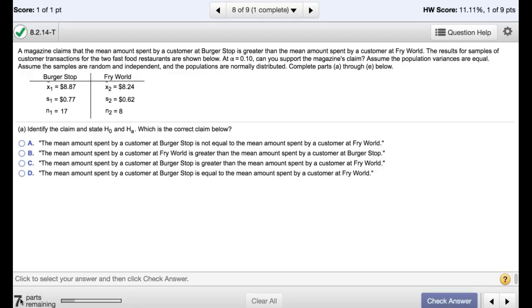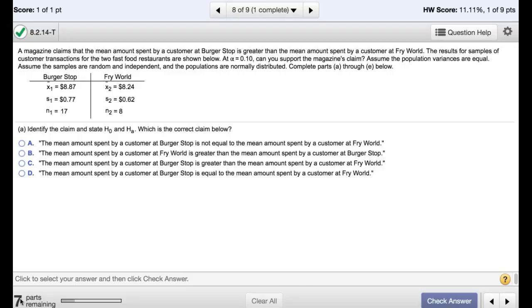We're also given summary information about the standard deviation as well as the amount of data collected from each sample from both Burger Stop and Fry World respectively. At a significance level of 10%, meaning that we have 90% confidence in what we're testing here, we want to know whether we support the magazine's claim or not.